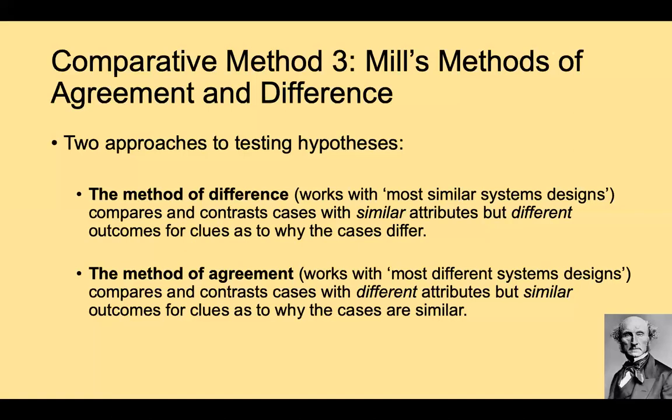Is there something between them that they have in common that could explain that similar outcome? What is it that they have in common? What unites them? This is the method of agreement. And this method of agreement works with the most different systems design. Now, I'm telling you that because I want you to remember which methods work together and which methods complement each other so that you can use them and refer to them in your own work.